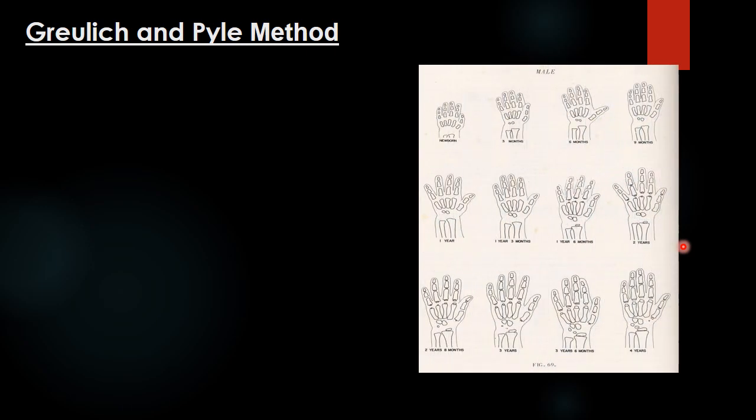There are different methods which are used to compare the radiological features with the standard. One of the standard atlases is called the Greulich and Pyle method. This is an example of how the bones of the hand and wrist evolve over time from newborn to 4 years and adolescent.